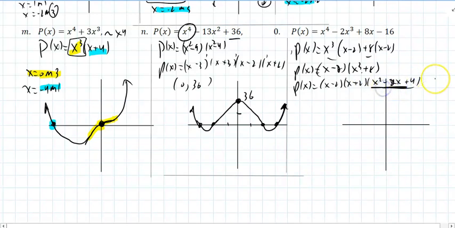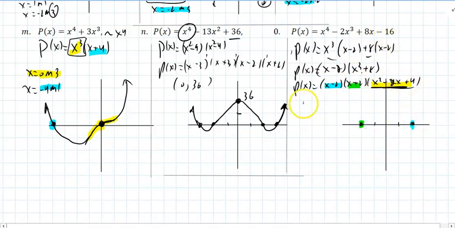This has no solution in R. What does that mean? That means this doesn't contribute anything to the graph. This is useless. I doesn't exist. We don't graph I in this class. These are the only two. X equals 2 and x equals negative 2 are the only 2 real points that will show on this graph.